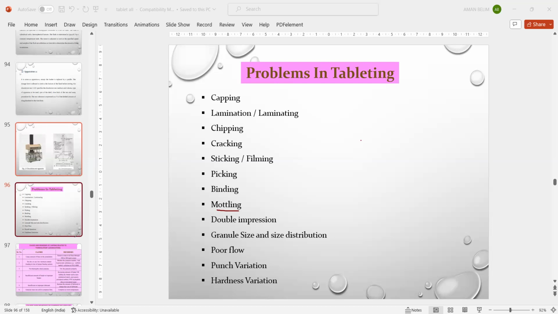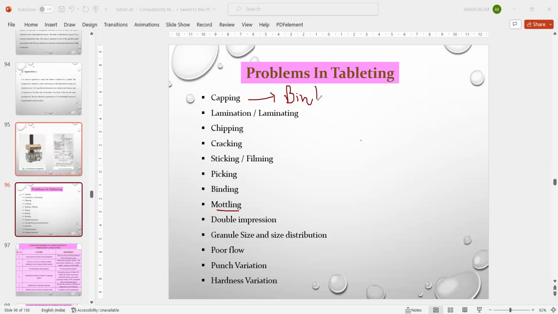And one more is drying. If too much drying is done on the granules, it will also lead to the capping and lamination problem during compression. That is very important. And one more is inappropriate concentration of the binder.